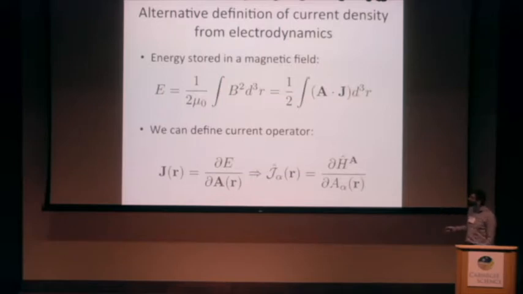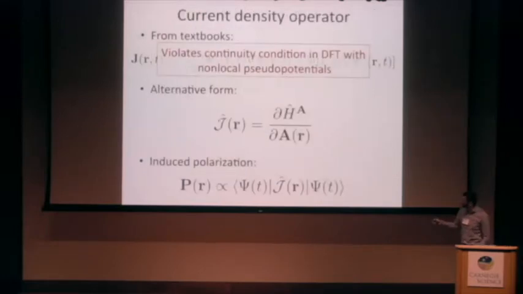So here we have a relation between the current density and the energy, and we can use that to develop a quantum mechanical current density operator, that is the derivative of the Hamiltonian in the presence of a vector potential, which will describe our phonon perturbation, with respect to the vector potential. I won't go into any details of how we actually calculate this.